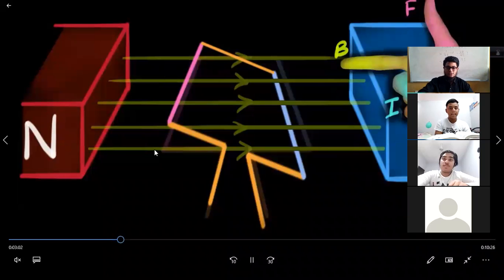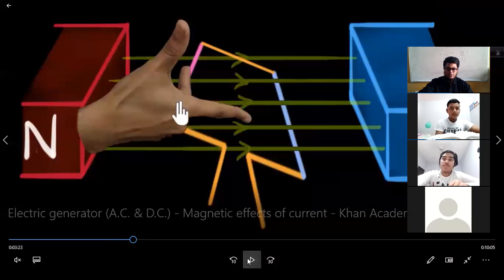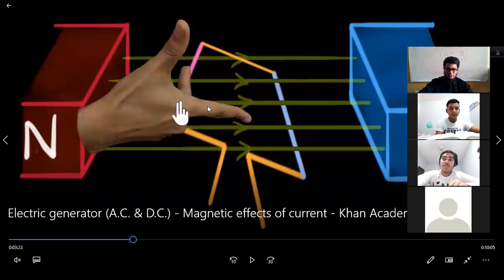Okay, so what he's saying is that the pink wire is going up and the blue wire is going down. Let's go back a little. Here you see, now he has placed the hand exactly right, okay? See, this finger is showing the force applied. The pink wire is being forced to move upward, and this finger shows the direction of the magnetic field.